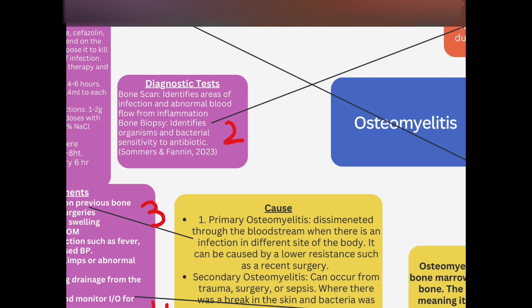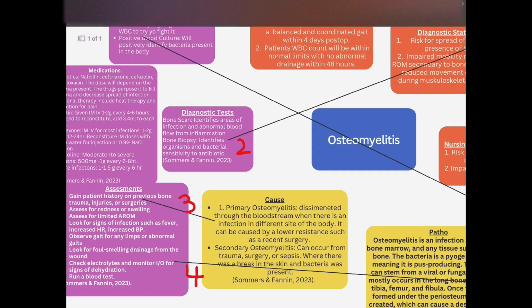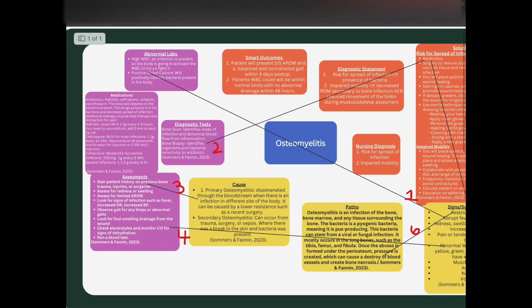This is going to be really, really important knowing what bacteria is present later on when we get to our interventions, such as giving antibiotics, because we just don't want to be giving people medication that's not even going to affect the bacteria present. And then you could also do a wound culture to see what is present in the drainage as well.